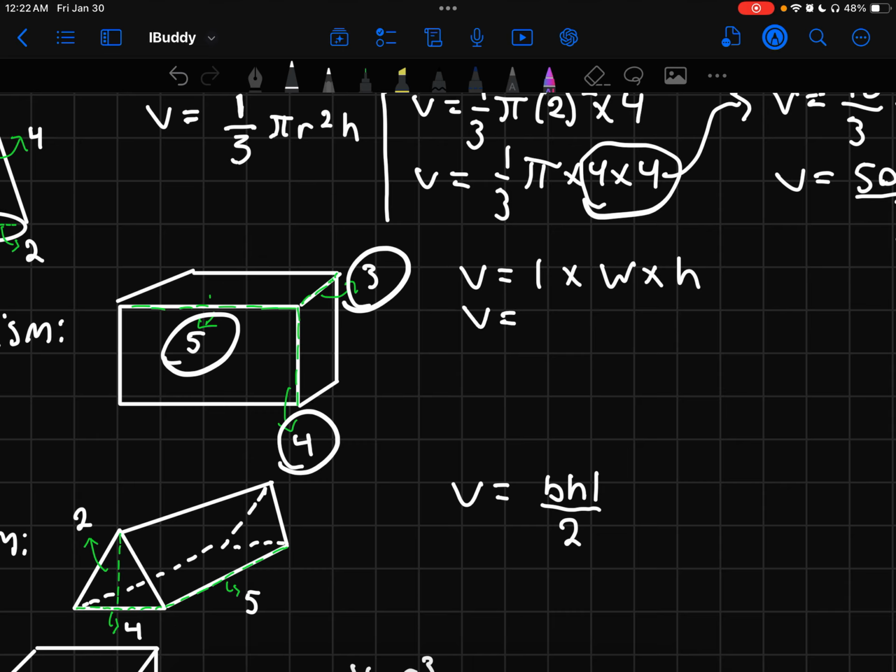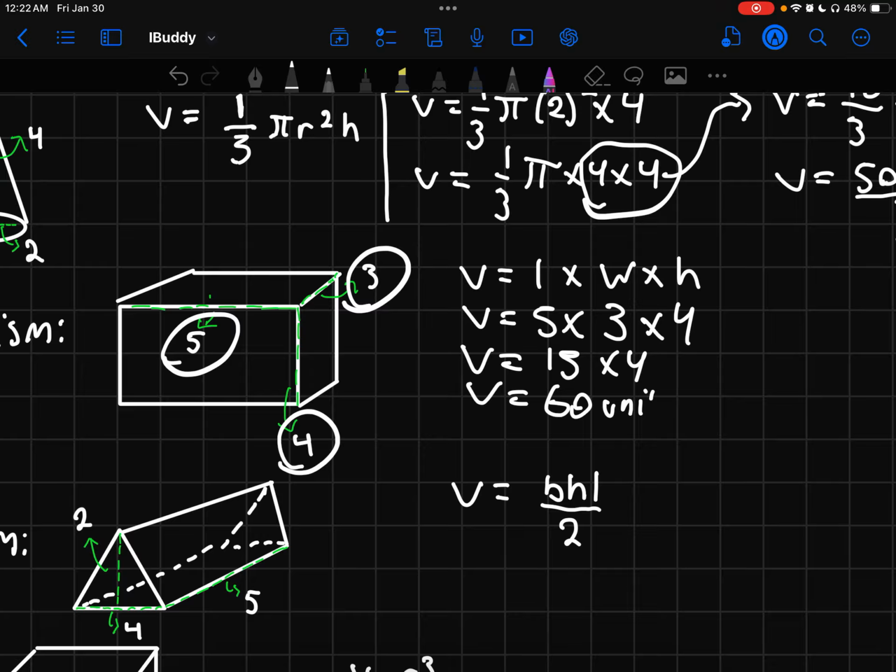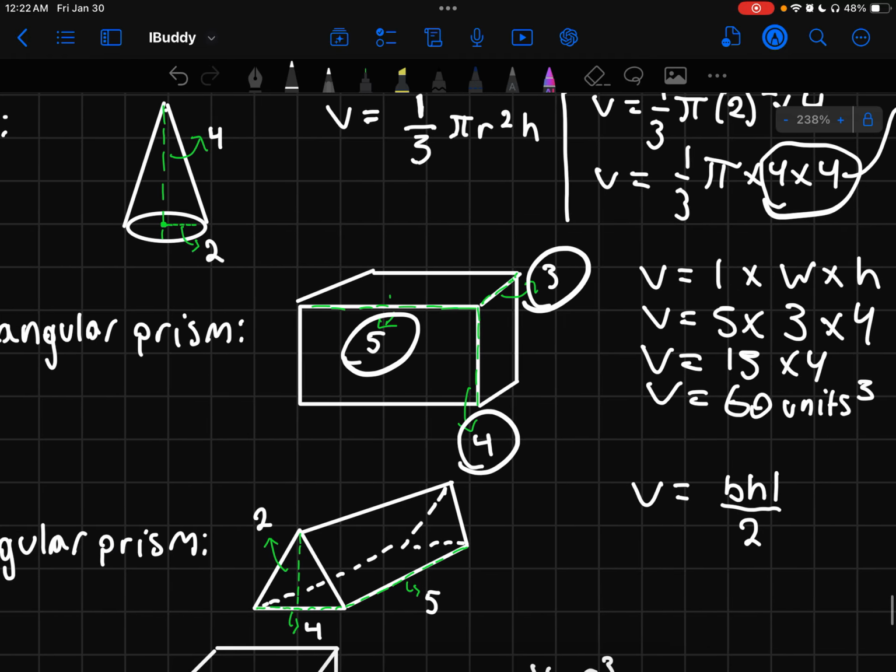V is equal to 5 times 3 times 4. V is equal to 15 times 4. V is equal to 60 units cubed. So that's just how you solve the volume of a rectangular prism.